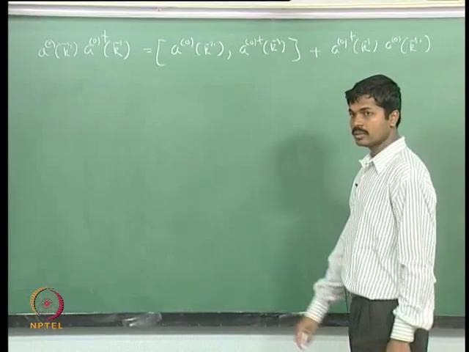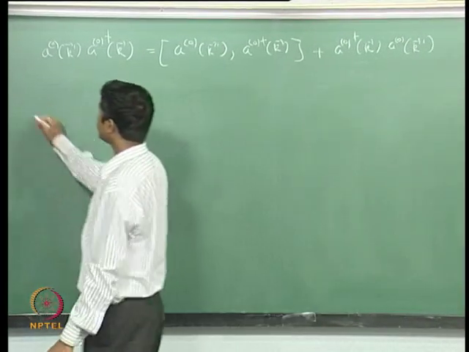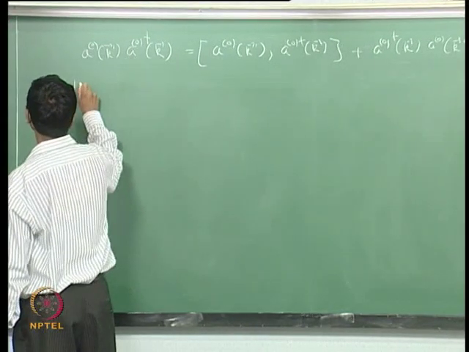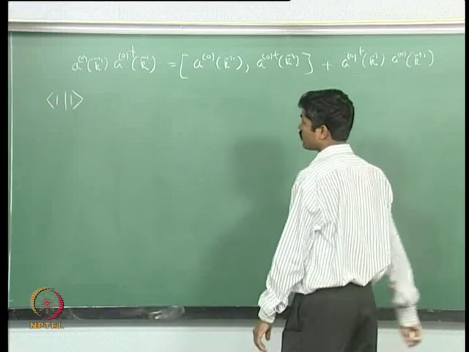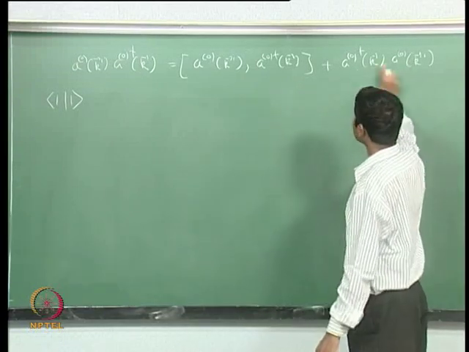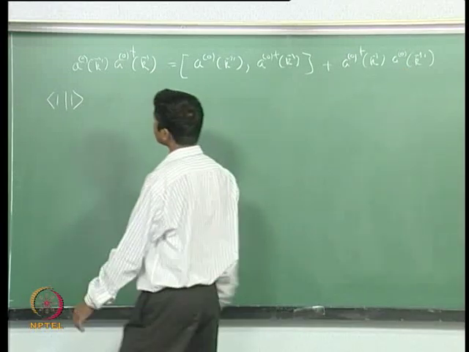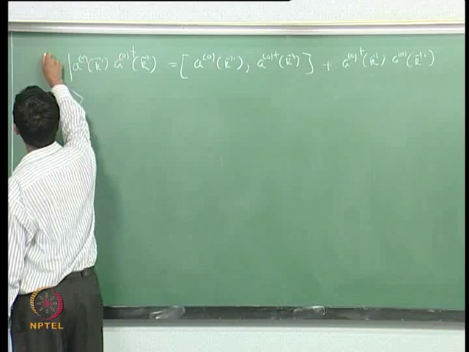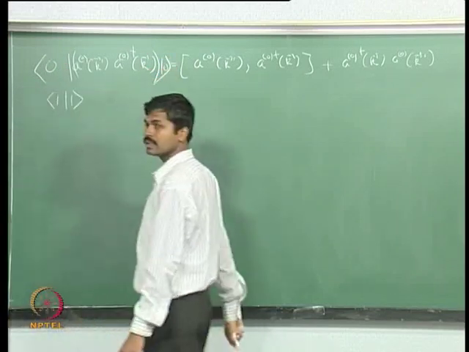All right. So now I will substitute this in the expression for the norm of this one particle state corresponding to the scalar polarization. When I substitute that, the contribution from this term vanishes, because I am considering this inside this.